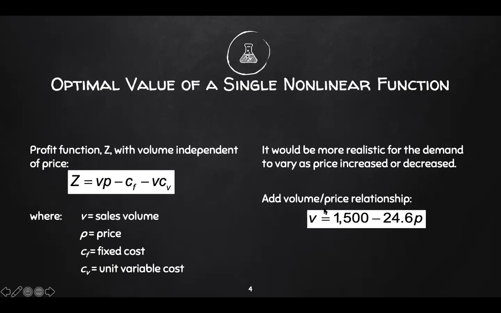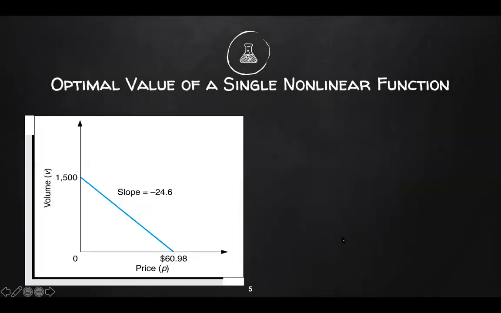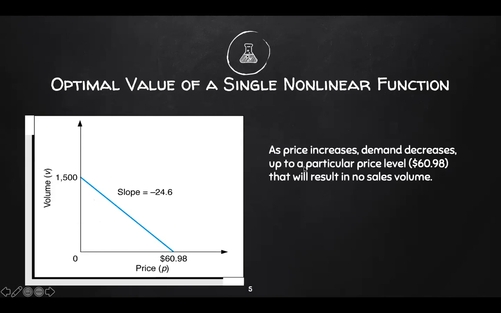If we graph this formula sa Excel, ganito yung magiging itsura ng graph niya. So, the slope is negative 24.6 and this is the line. This shows that habang tumataas yung price from 0 hanggang tumataas na value, the volume or the demand for the product decreases. So that means as price increases, demand decreases.